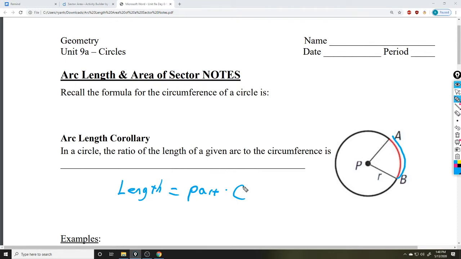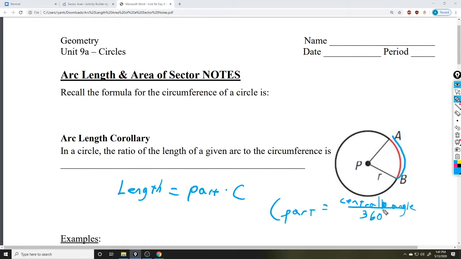Okay, and to find that fraction, to find that part, the part is going to be whatever our central angle is, over 360, which would be all the way around.